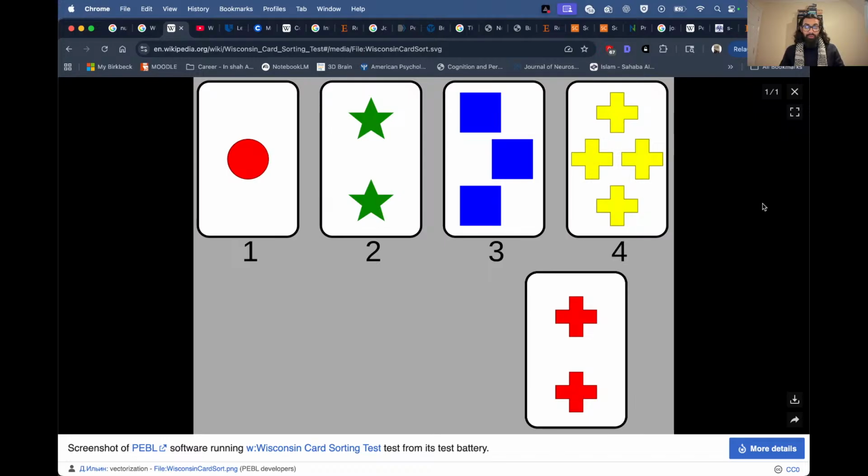Rooted in frontal lobe neuropsychology and later formalized within executive function theory by Norman and Shallice and Miyake et al. I haven't looked into Miyake's stuff, but Norman and Shallice, very famous researchers, they came up with the Tower of London problem, where you have these three blocks stacked up on each other.